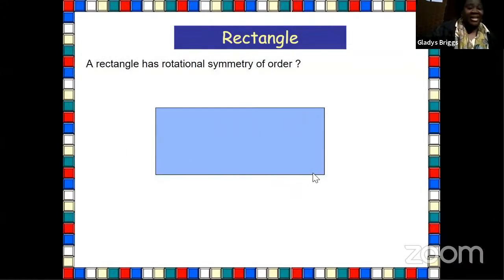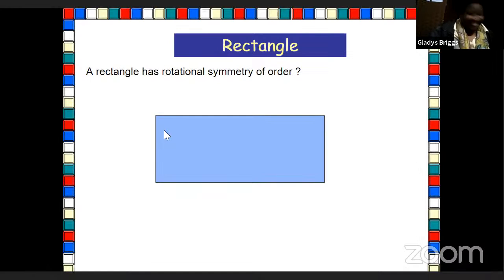But how about a rectangle? What do you think will happen with a rectangle? How many times will it take for it to come back to itself before 360 degrees? I demonstrated this one for you guys, so you can't say you don't know it. Not quite. A rectangle, think about it now.